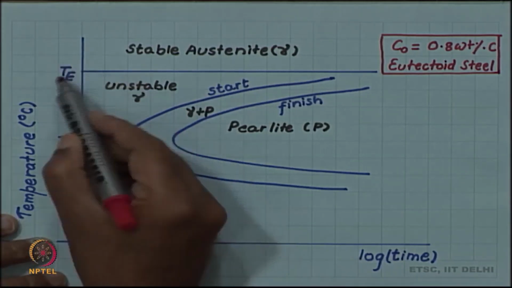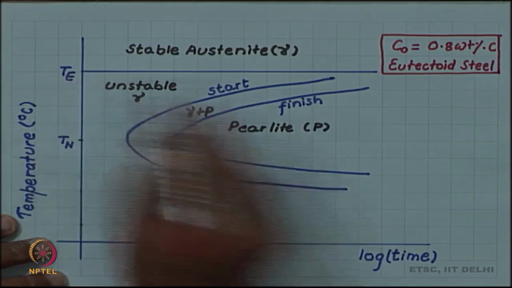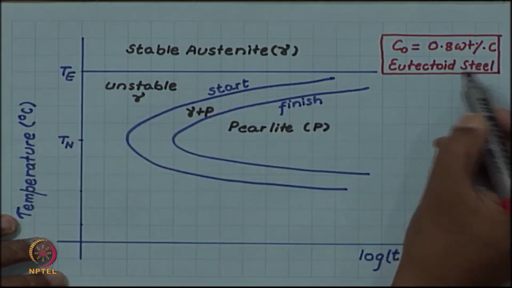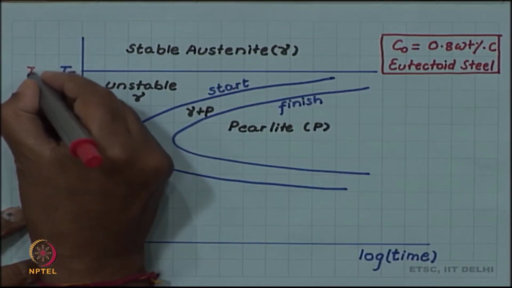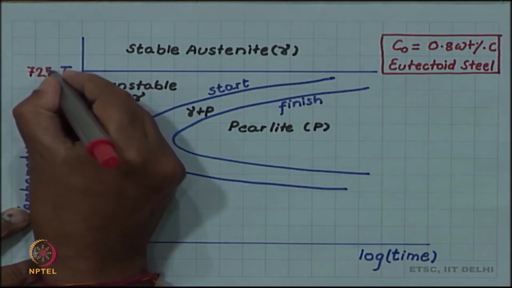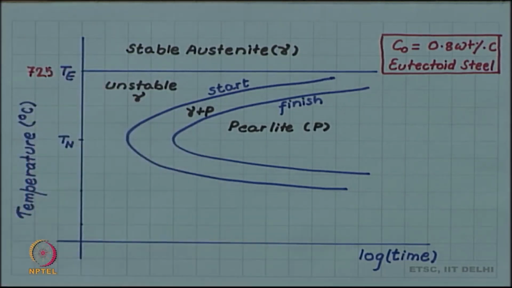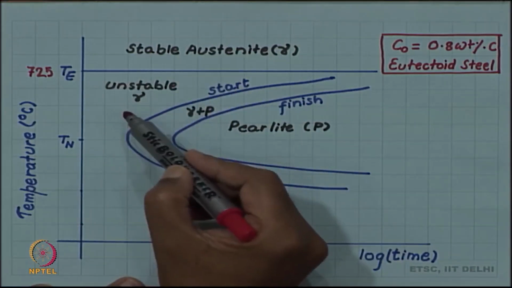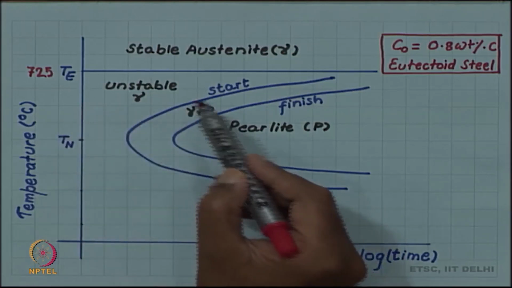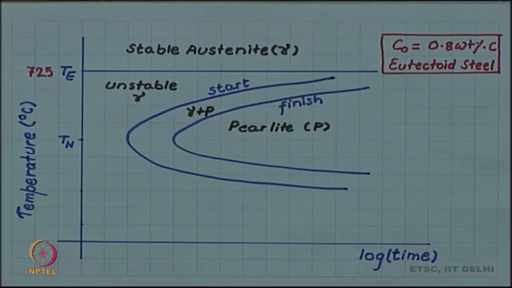So, this eutectoid temperature TE is the transformation temperature for the eutectoid steel, and that we know is 725 degrees Celsius. So, that is the eutectoid temperature above which you have stable austenite. As soon as we cool it below that, austenite will become unstable and will start transforming.